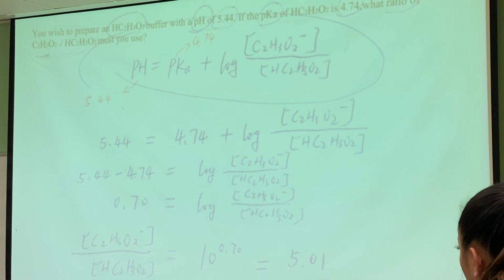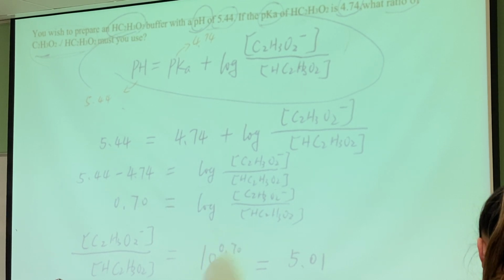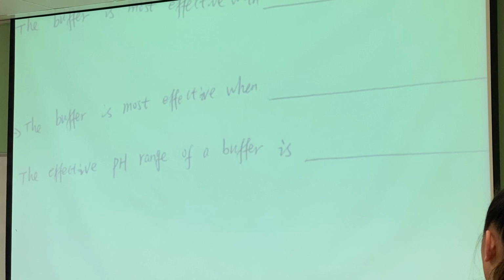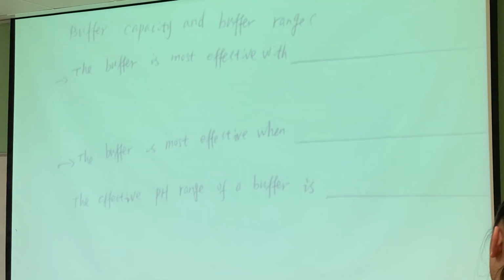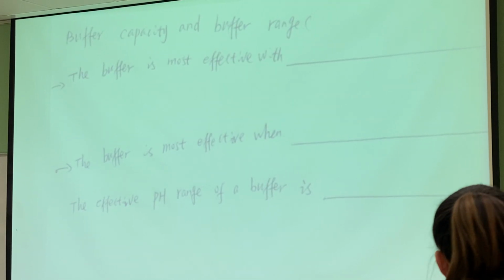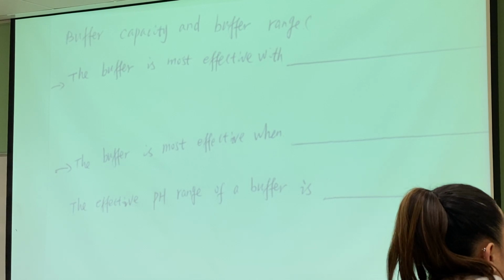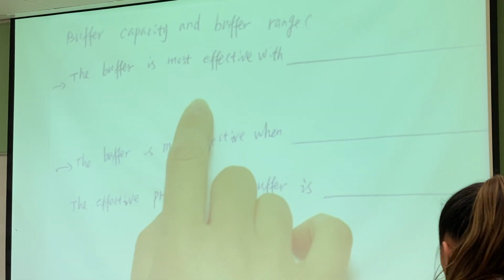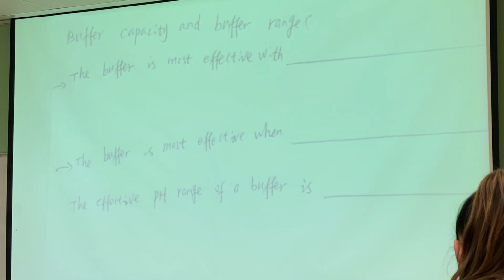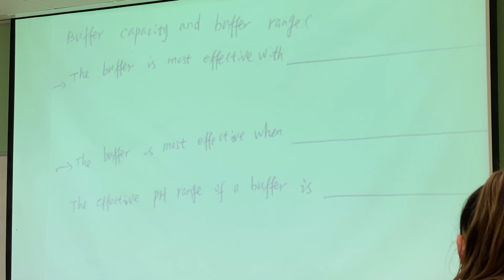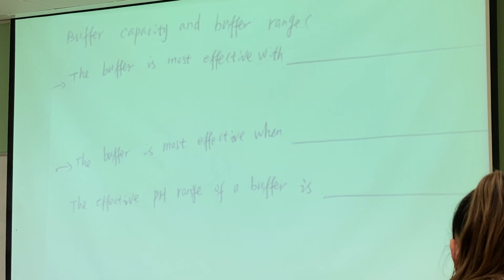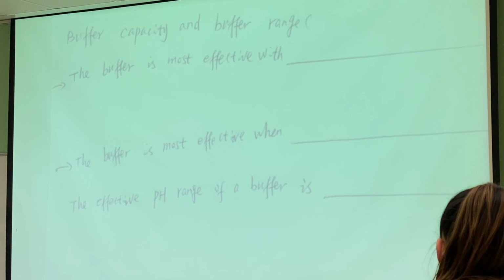And then which conjugate base should I pick? Right? So that depends on the buffer capacity. Buffer capacity tells you how to make a good buffer, how to select the correct chemicals for the desired pH. If you already know what pH you want for the buffer, then which chemical you should pick actually depends on the pKa of that chemical, right? The pKa.